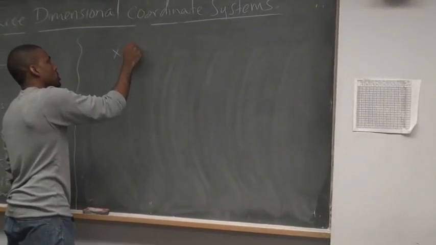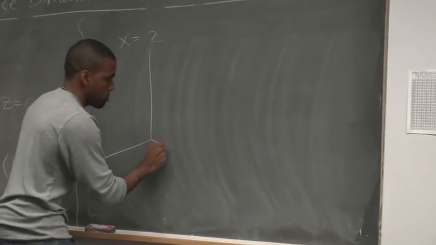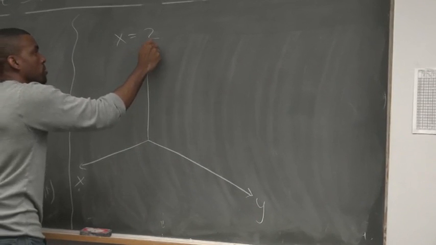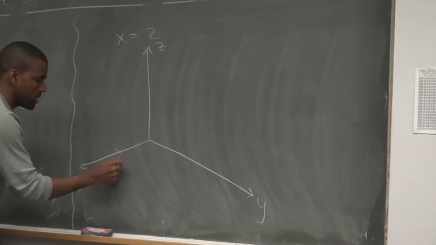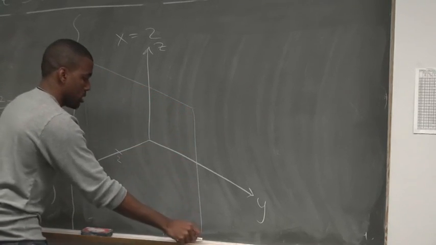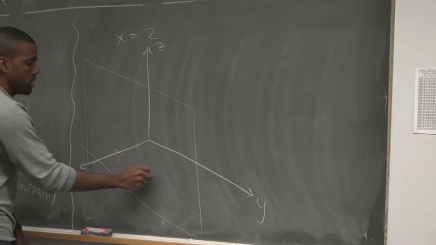Something like x equals 2, if you were to do a sketch from that, you find the value x equals 2, and you are a plane running along that line.